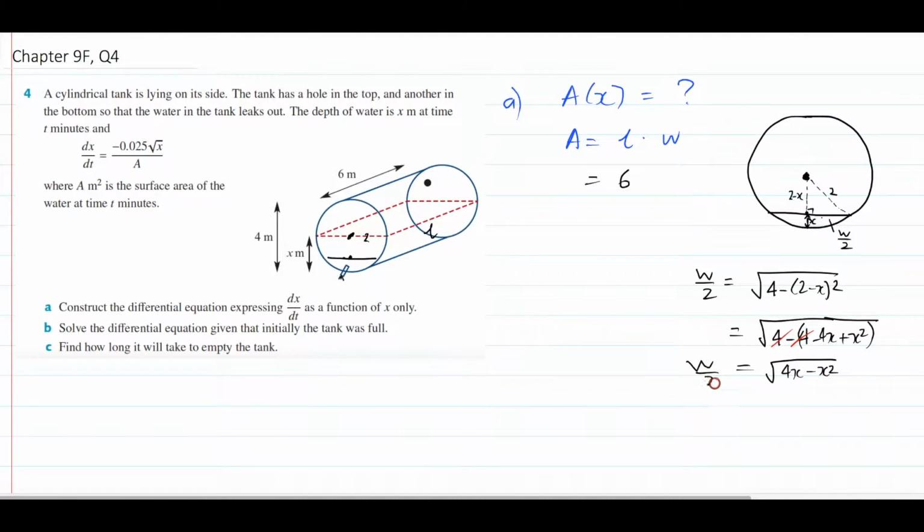So that's w over 2, so that means w equals 2 multiplied by the square root of 4x minus x squared. So in that case, the area is 6 multiplied by 2 square root 4x minus x squared.